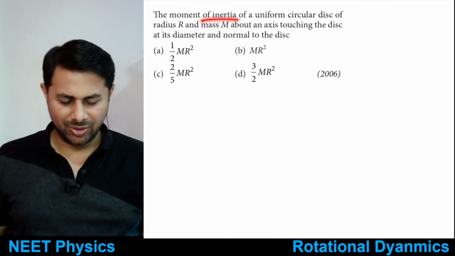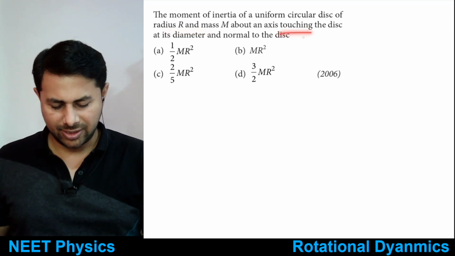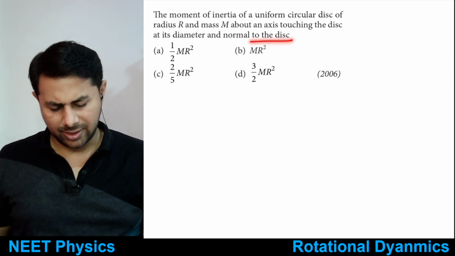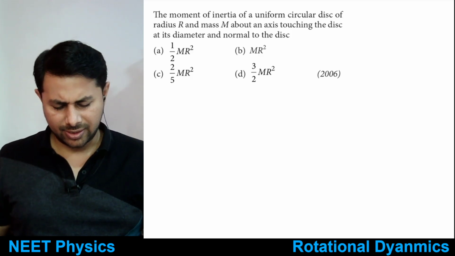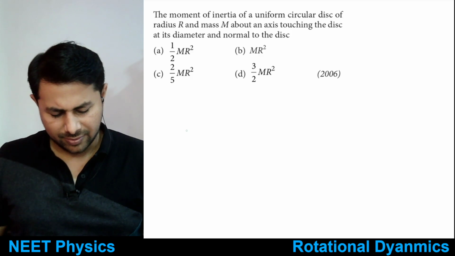The moment of inertia of a uniform circular disk of radius r and mass m about an axis touching the disk at its diameter and normal to the disk is. Touching the disk about the diameter and normal to the disk. There is no such axis.